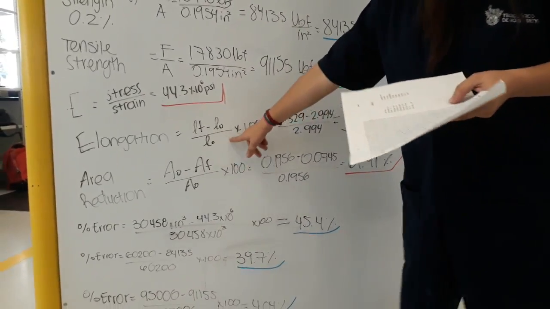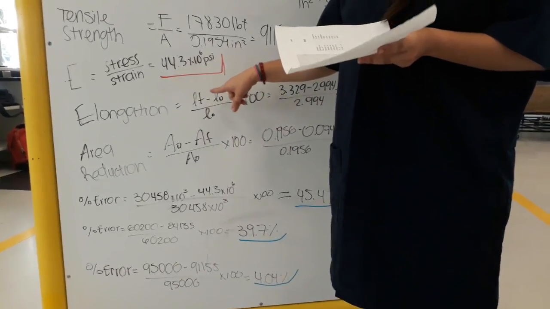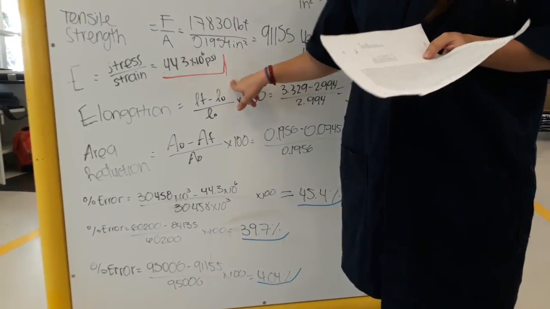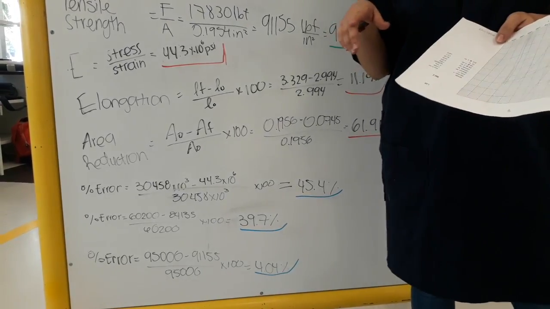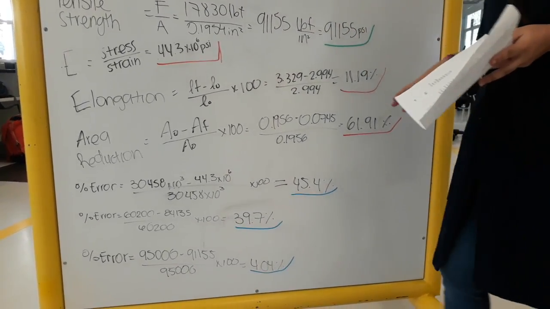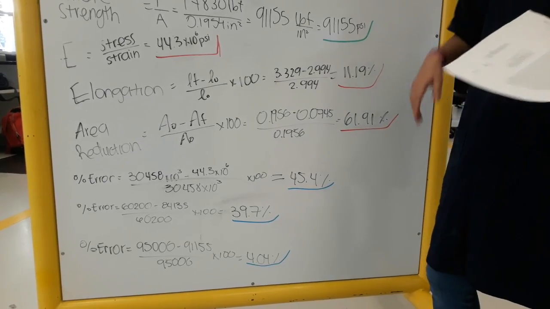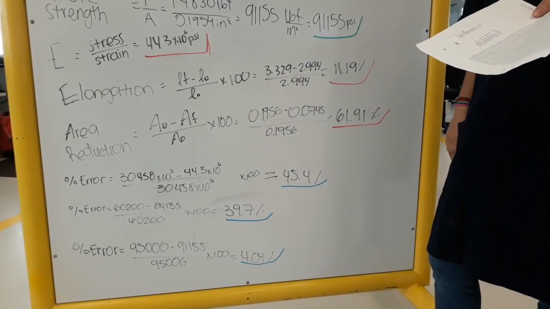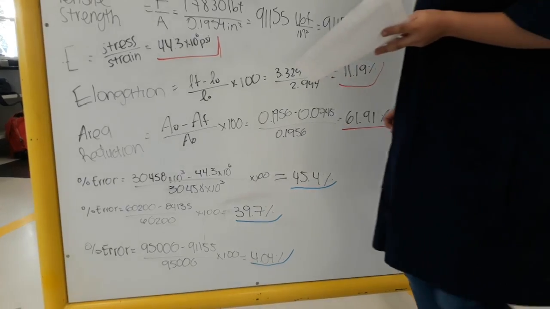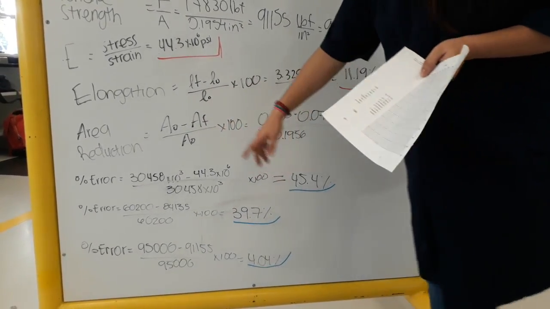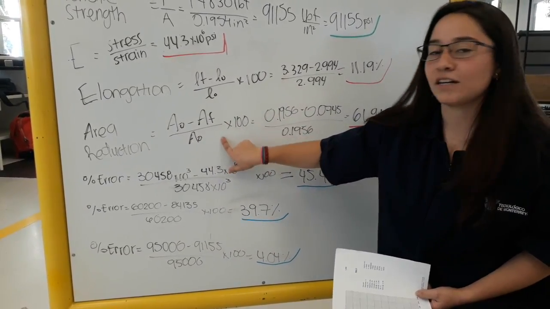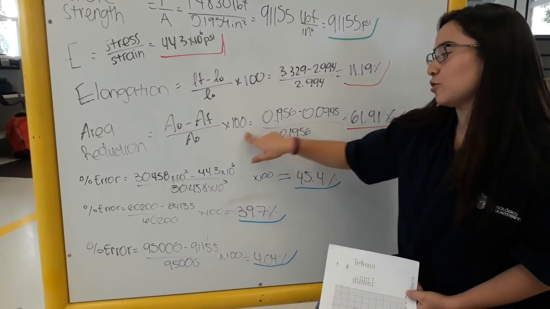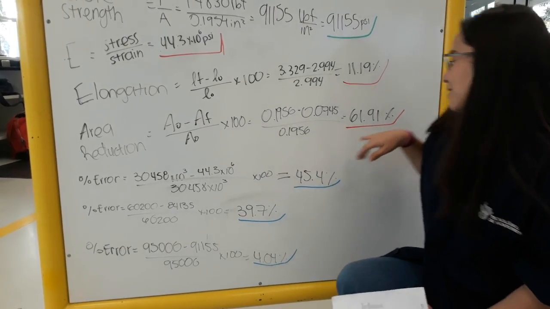And for the elongation, we have to divide the final length minus the initial length by the initial length, and multiply this by 100 because we wanted the percentage, and we get 19%. And the area reduction is the initial area minus the final one divided by the initial one, also multiplied by 100, and we got 61.91%.